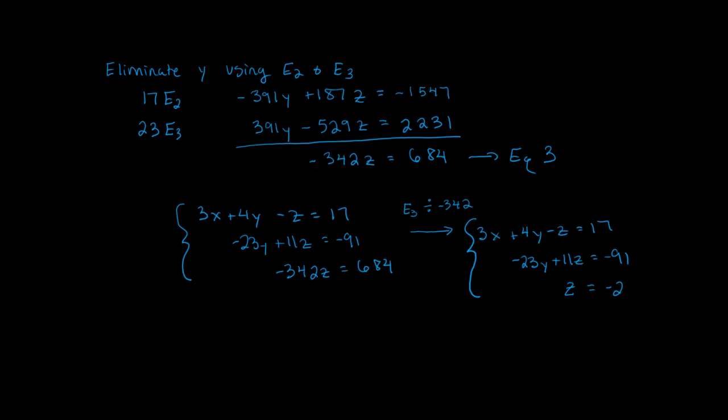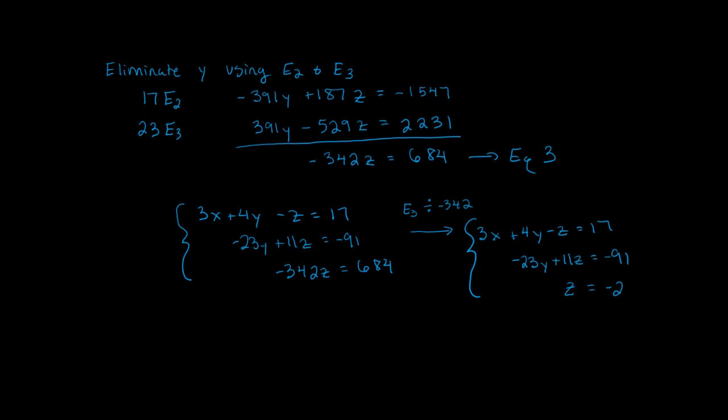So we've got our last row now in the form that we want. The second row is not in the right form. We need to divide that by negative 23 so that we have just y in front. So we're basically going to take equation 2, divide that by negative 23 so that we have just y. And really, if you want to combine your work, we can also divide equation 1 by 3.